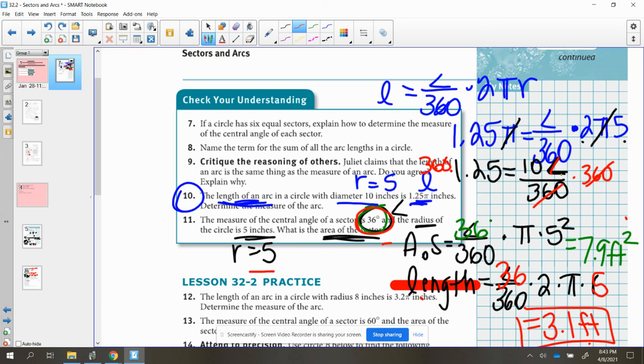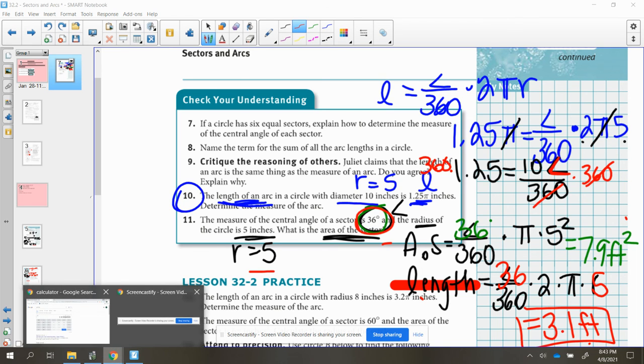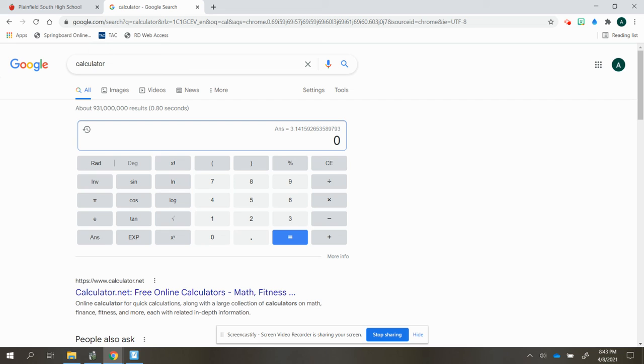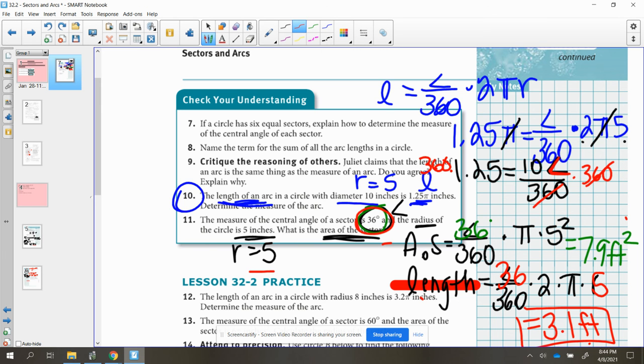And then to get the angle measure by itself, we'll end up dividing by 10. So we're going to take, again, 360 times that 1.25, and then we're going to divide that by 10, and we get a final angle measure of 45 degrees. Okay? So this is kind of like a challenge type question, is what number 10 is asking you for.